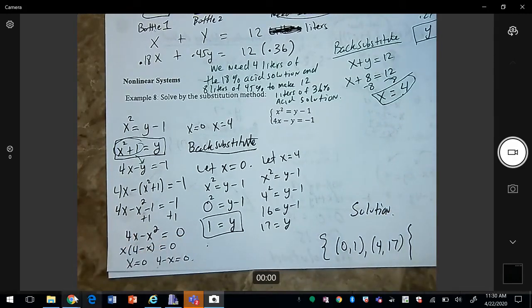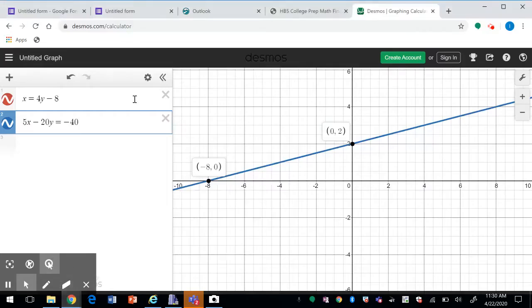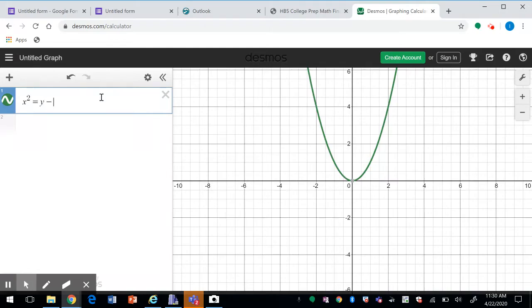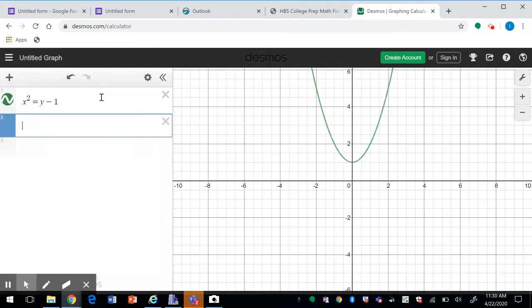And just so that we can see what the graph looks like, the first equation is x squared equals y minus 1. So that's a parabola. And then we have 4x minus y equals negative 1. You notice where they intersect, that's the first point we got, (0, 1).